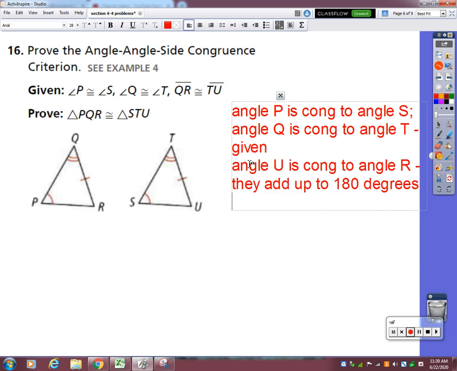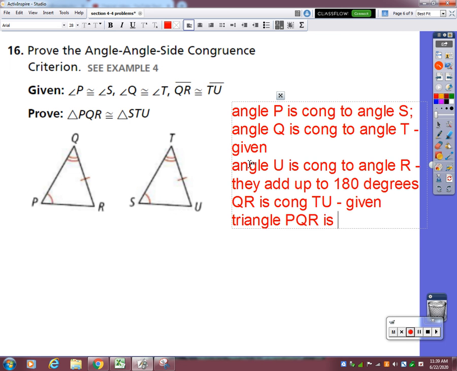And then therefore, since I know that QR is congruent to TU, that was also given to us, then I know that triangle PQR is congruent to triangle STU by, what did I just do? Angle side angle. There you go.